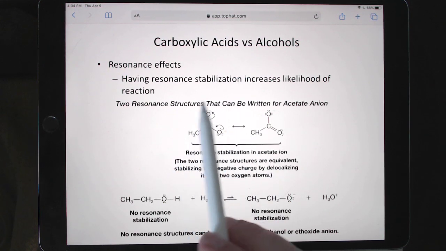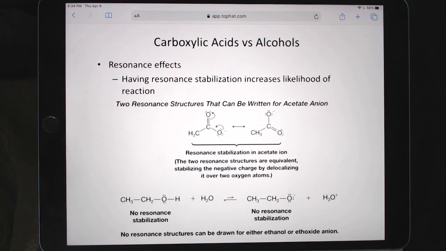But you also have a resonance effect: if you remove the hydrogen, you're left with the carboxylate with a negative charge on this oxygen. That negative charge can be borne by both of these oxygens. If the same thing happens with ethanol, all of that negative charge is only on the single oxygen.